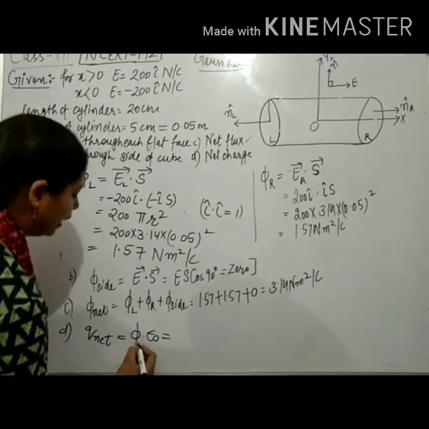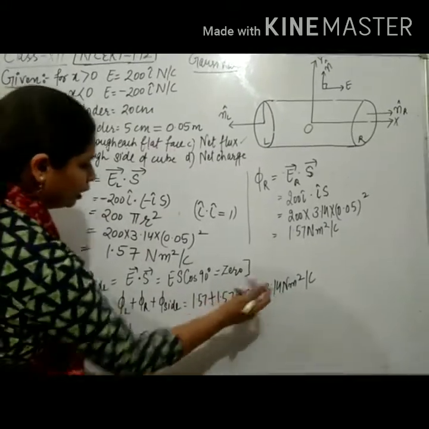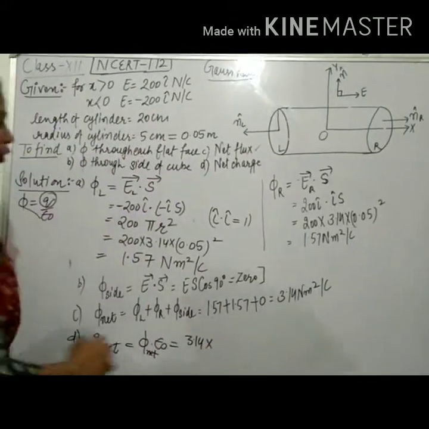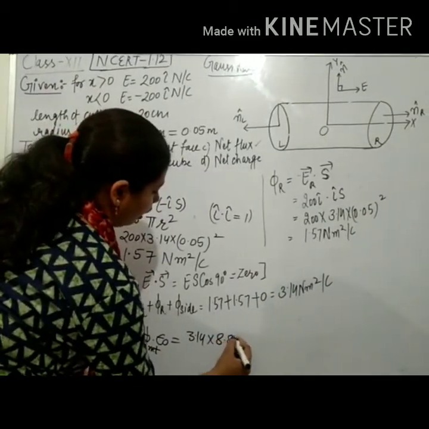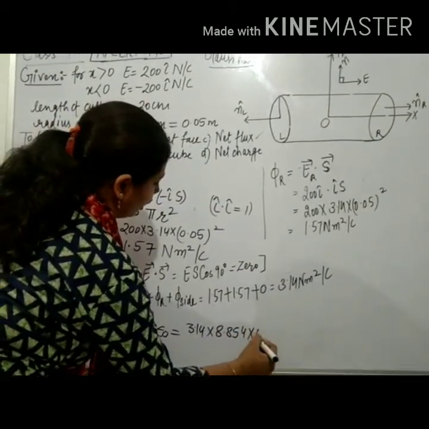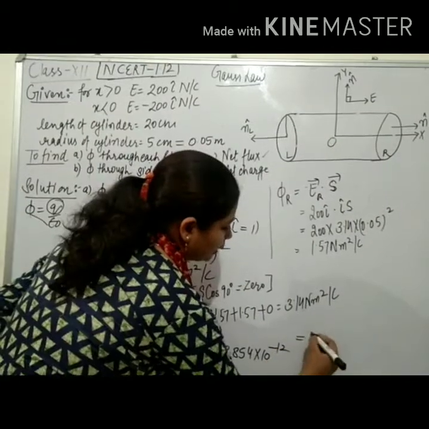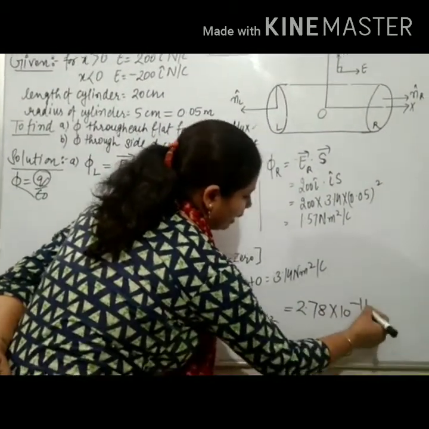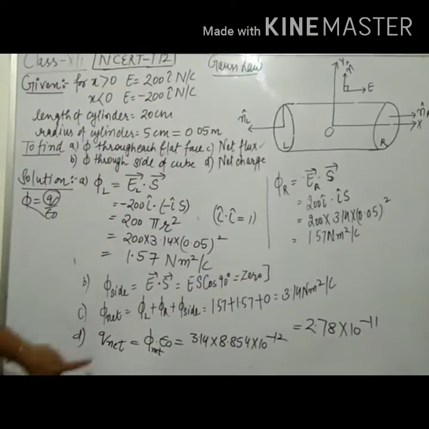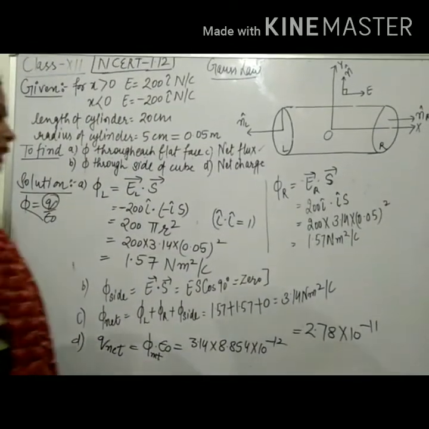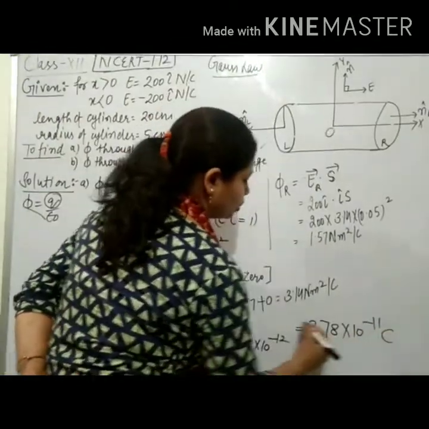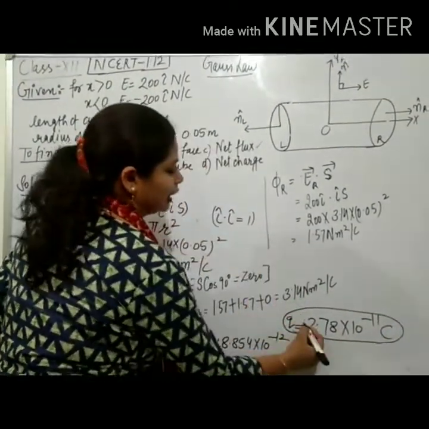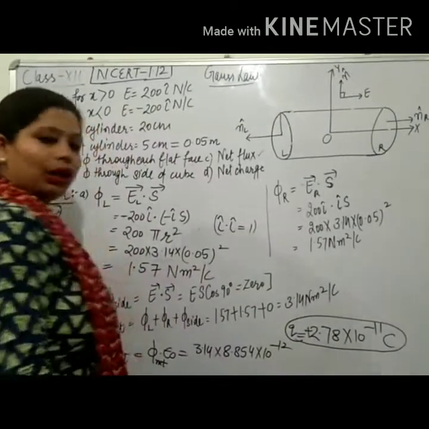You have calculated it right now, 3.14. What about epsilon naught? It is 8.84 into 10 raised to power minus 12, and the calculation result is 2.78 into 10 raised to power minus 11. What about its unit? Charge will be in coulomb. So it is the net charge residing within the surface and it is of positive polarity.